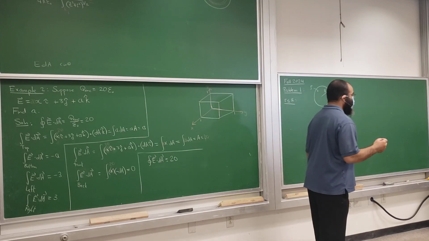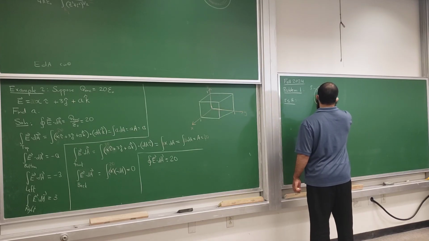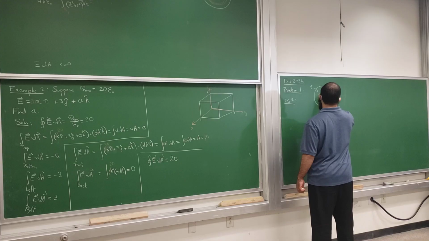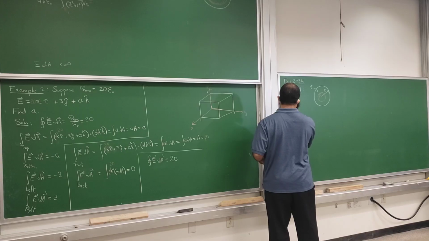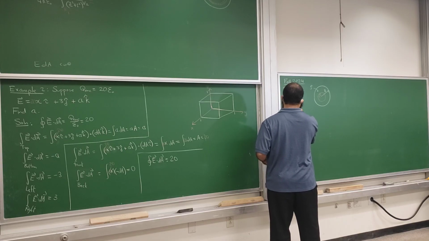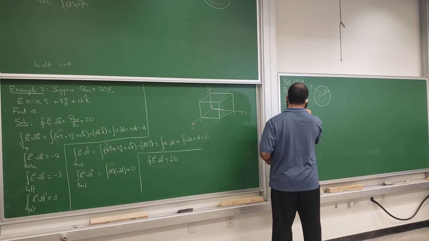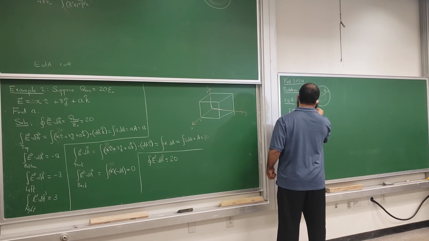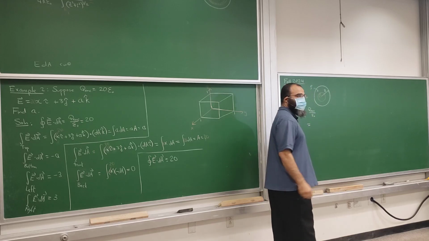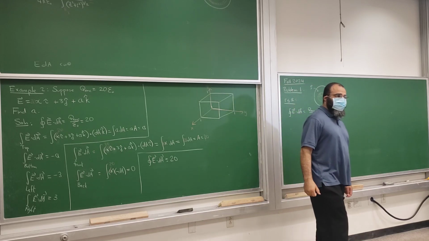We have spherical symmetry. So here's our Gaussian sphere, or Gaussian surface, radius little r. Now, by symmetry, in what direction is the electric field?